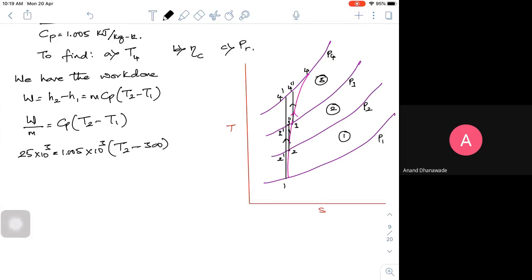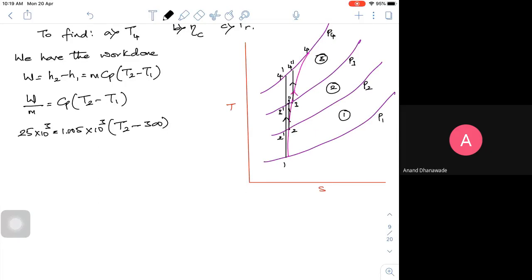So let me substitute all the values. 25 by 1.005 plus 300. Your T2 will be greater than 300. I am getting 324.5 Kelvin. So this is the value of your T2 temperature.